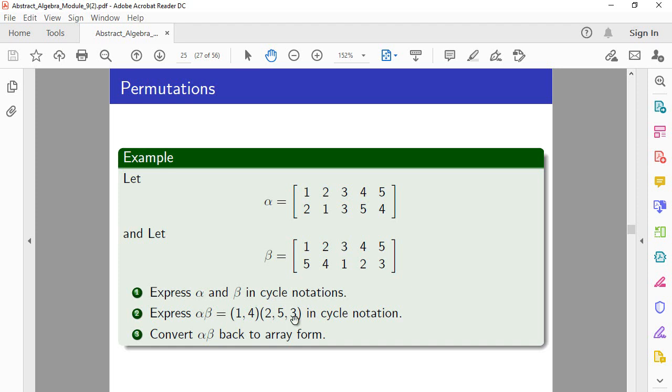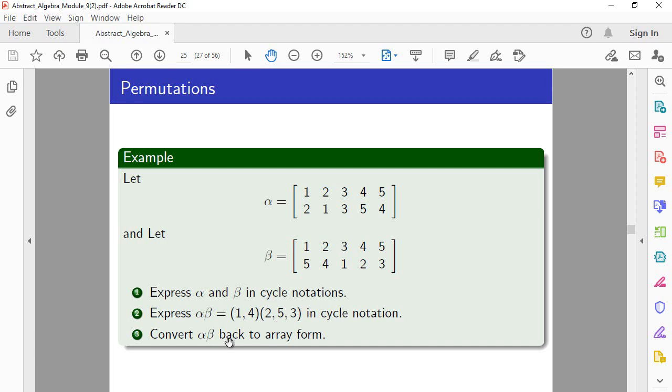Okay, alpha beta applied to 3. Beta applied to 3 is 1. Alpha applied to 1 is 2. So 3 goes back to 2, and we have completed the cycle. So we are done. There are 5 symbols here, and all of them have been accounted for. So alpha beta is equal to that in cycle notation.